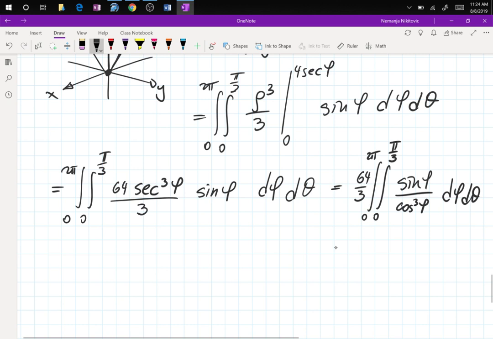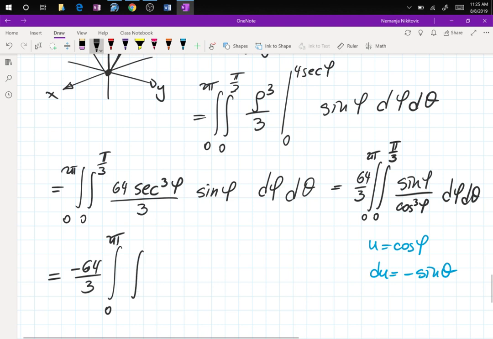And this is great because it's in a form for u-substitution. u equals cosine phi, du equals negative sine phi. So I have to put these negative signs everywhere. I have negative 64 over 3, integral 0 to 2 pi. That's the d theta. We don't have to worry about that one.